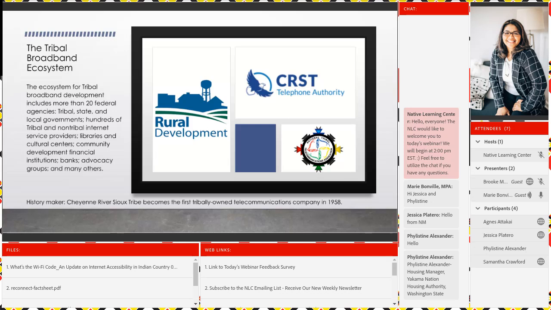There are over 20 federal agencies at last count, tribal, state, and local governments, hundreds of tribal and non-tribal internet service providers, library and cultural centers, community development financial institutions, banks, advocacy groups, and so many others involved in this process that it can be very burdensome on the tribe. It's why we don't always see a whole lot of conversations on this, I don't think, partly because it's just so cumbersome.